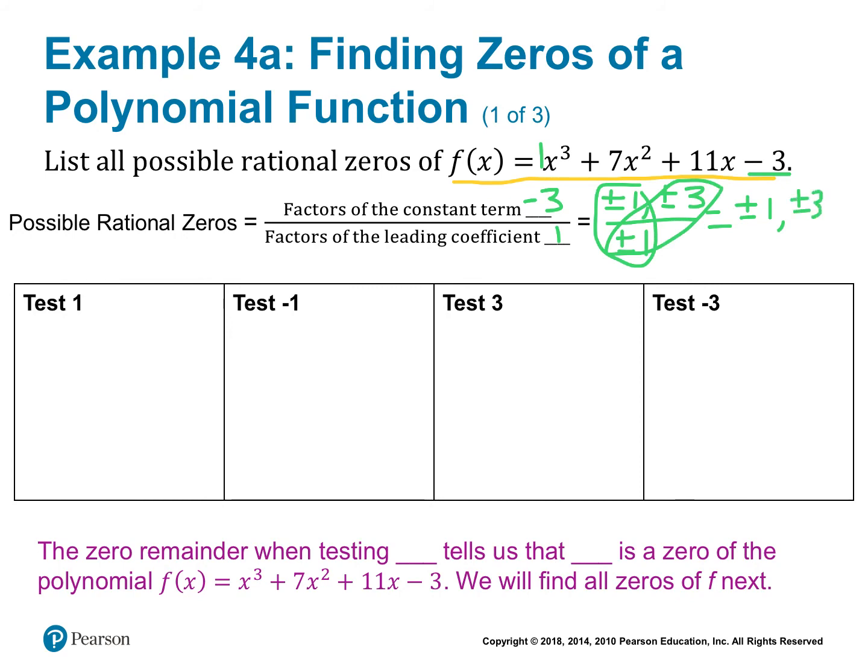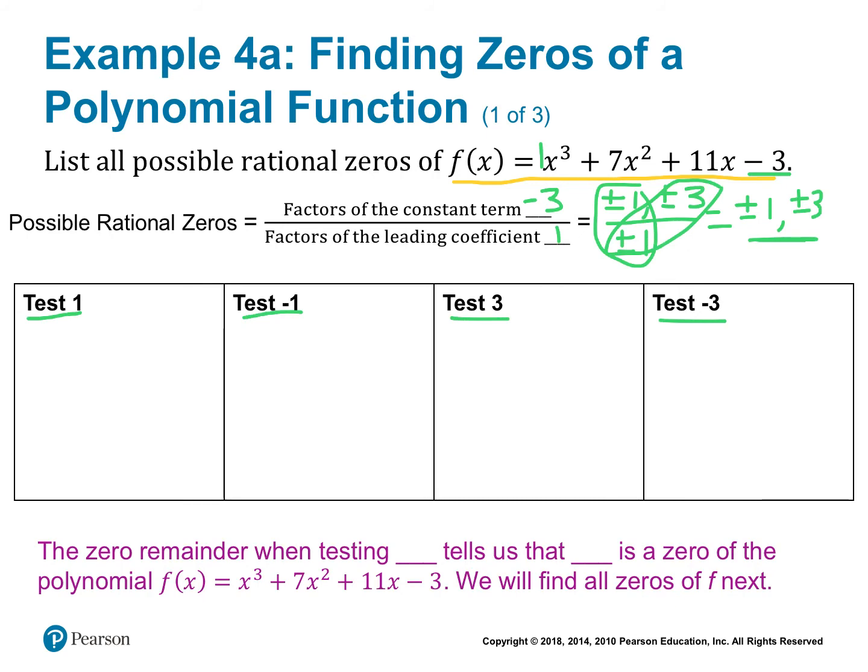So now we're actually going to test these and see which ones actually do make it 0. So we're going to test the number 1, the number -1, the number 3, and the number -3 from this list here. So the easiest way to do this is going to be to do synthetic division. And we know if we get a 0 remainder, then that is going to be a 0 of the function.